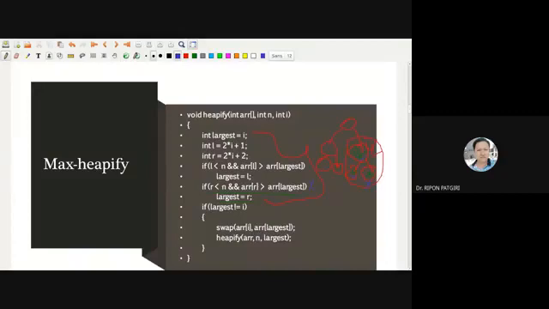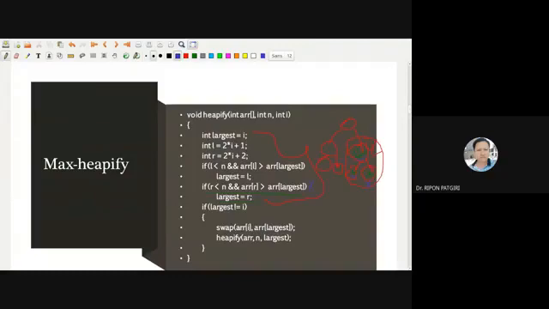Then we have to swap with the largest one. The largest one has to be moved up and exchanged with the parent. We swap or exchange with the parent using the largest one.